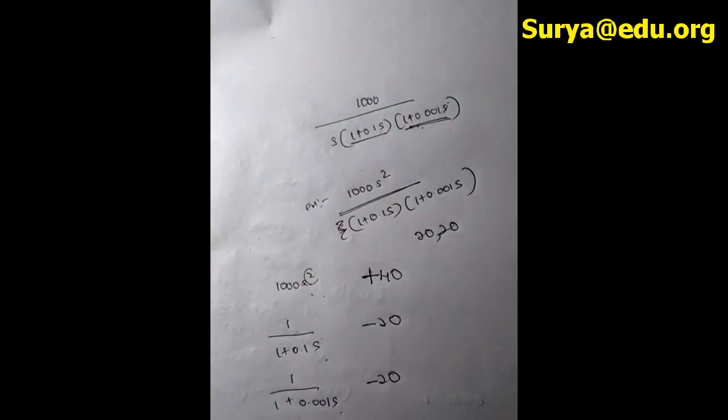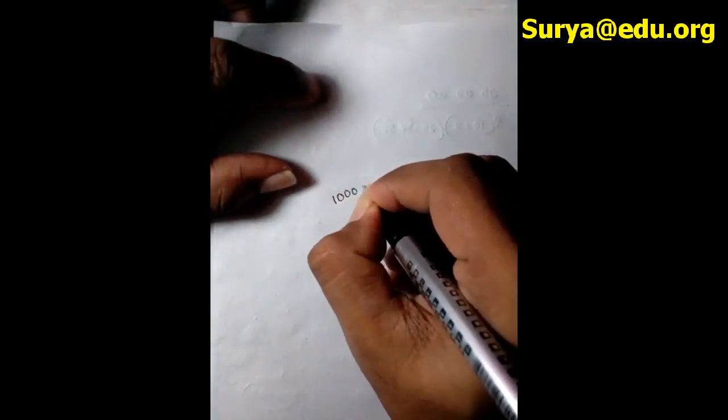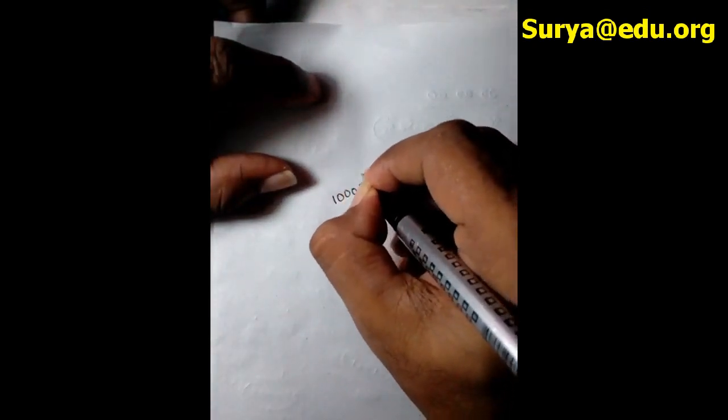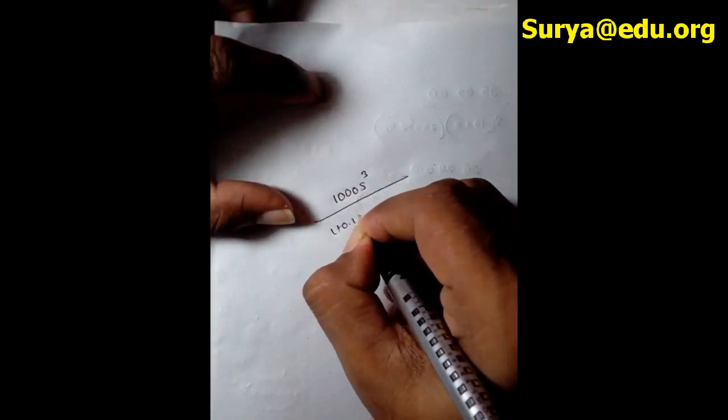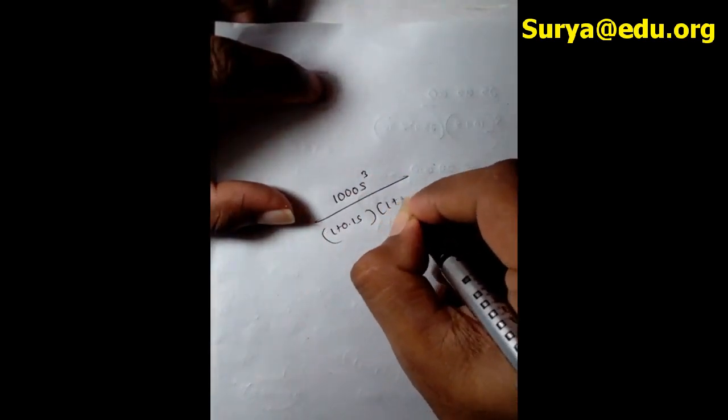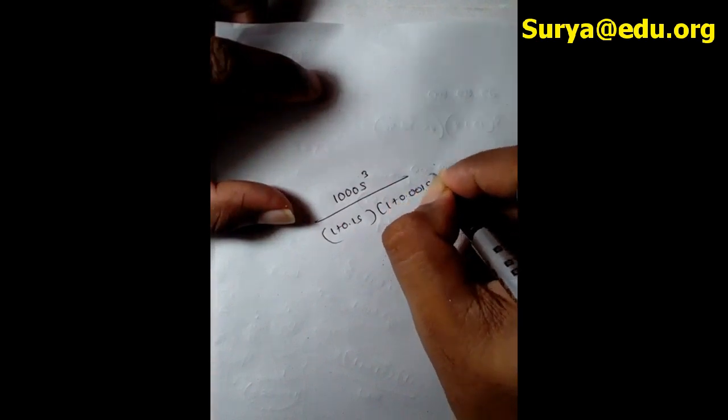Okay, so again, for better understanding, let's do another example like this. Say, for example, we have the transfer function 1000 s cubed divided by (1 plus 0.1 s) times (1 plus 0.001 s).